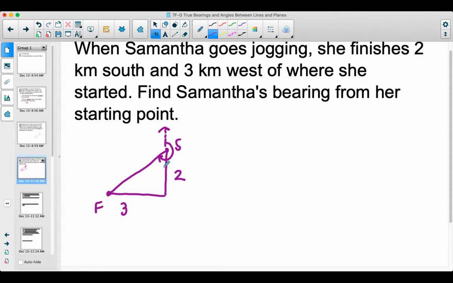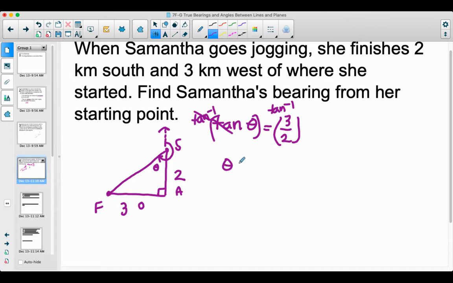And we know a straight line gives us 180 degrees. So I know this is 180. What I don't know is this interior part. But I know I have a right angle right there, and so we can use trig to find that theta. This is my opposite and this is my adjacent, which is tangent. So we have the tangent of theta is equal to 3 over 2. Then we need to do our inverse tangent on both sides so that cancels.